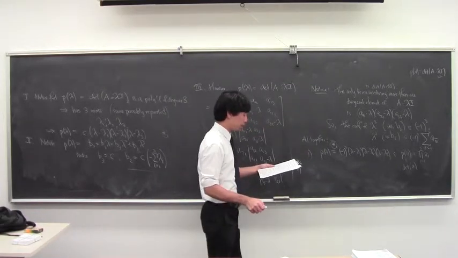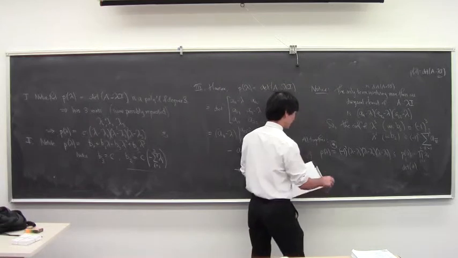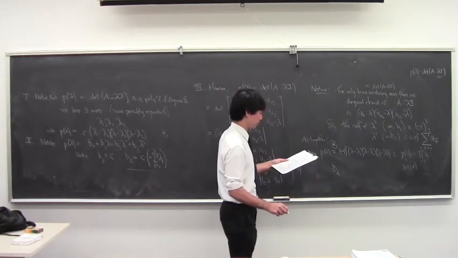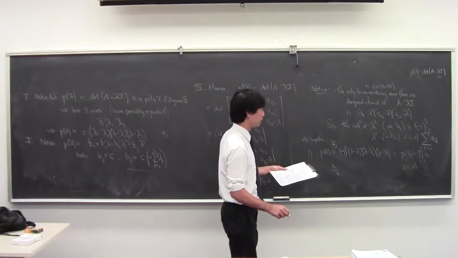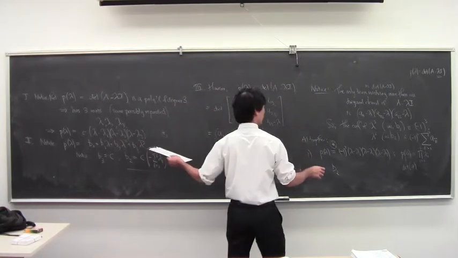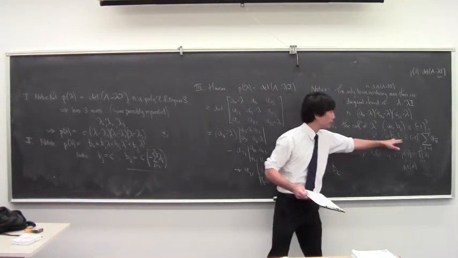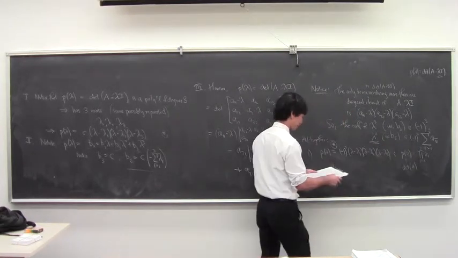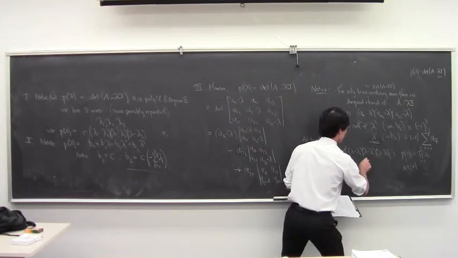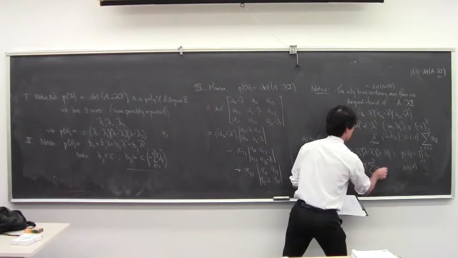Second thing, let's look at V2. V2 is the coefficient of lambda squared. The coefficient of lambda squared we just worked out is -1 squared times the summation of a_ii from i equals 1 to 3.